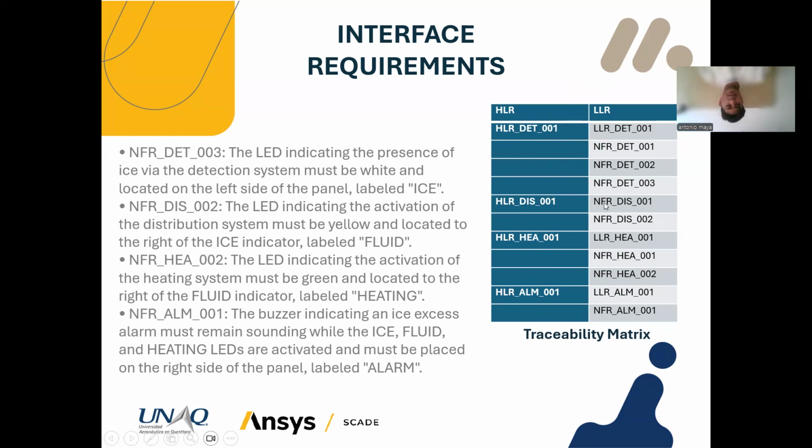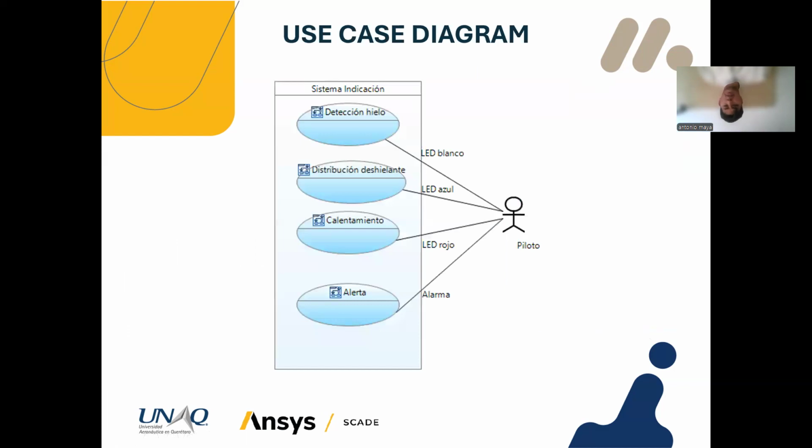Also for the distribution system, that is the de-icing fluid, the heating system, this means the electrical resistor, and the alarm. The alarm is going to make a beep, but I changed this because I didn't have a buzzer. I had no time.